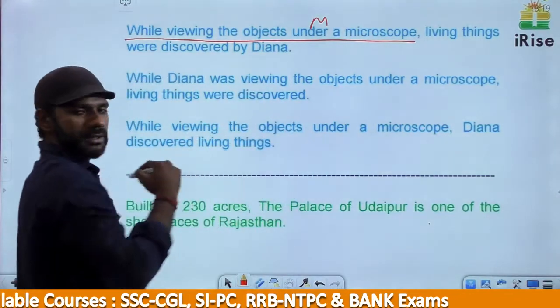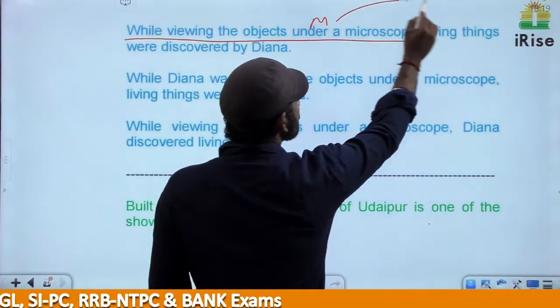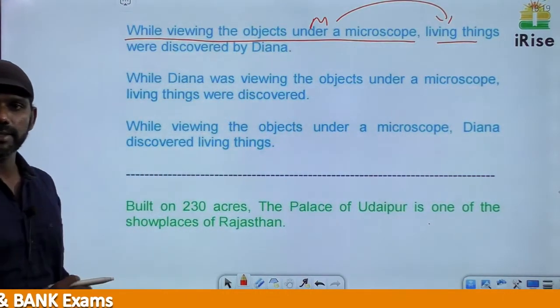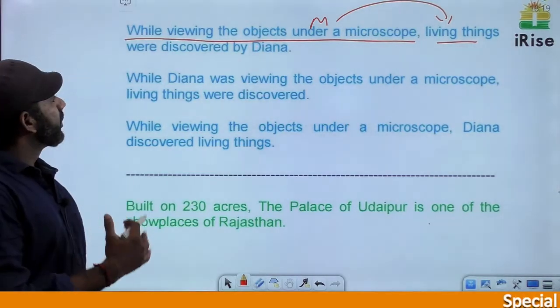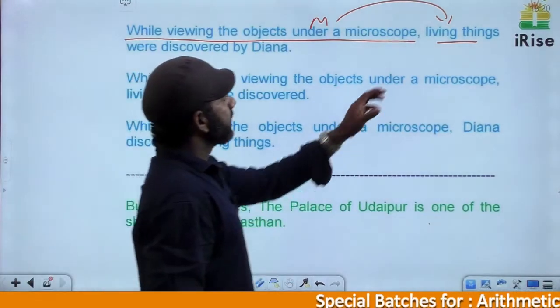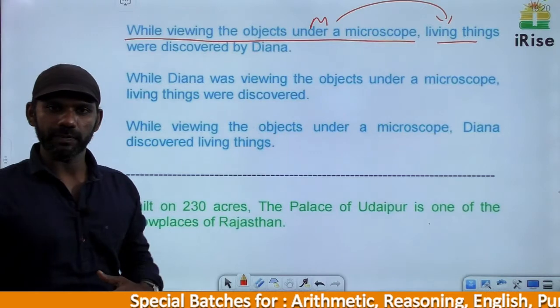This is a subordinate clause, modifier. The modifier comes very close to living things, so it is modifying living things. We need to associate living things with the modifier. "While viewing the objects under the microscope, living things" means living things were viewing the objects under a microscope.